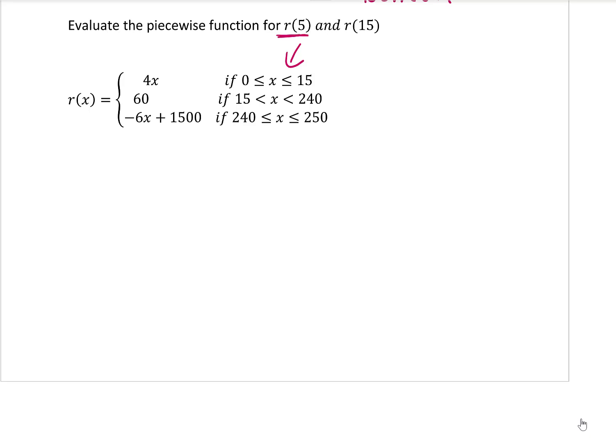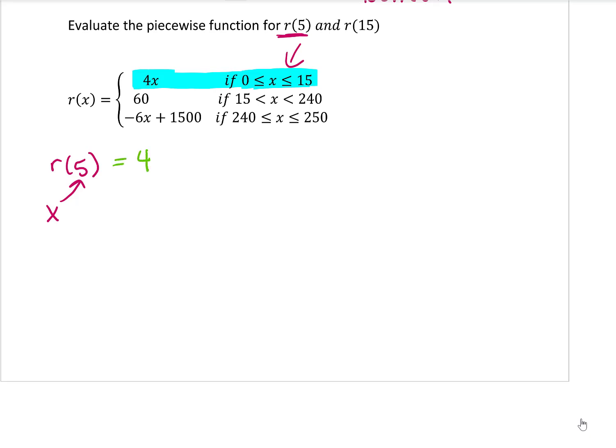So the first one says find r of 5. So that 5 is replacing the x value. So we want to find the domain where the x value of 5 falls. So we look at our domains, and 5 falls between 0 and 15. So what that means is that we're going to only look at this first equation.